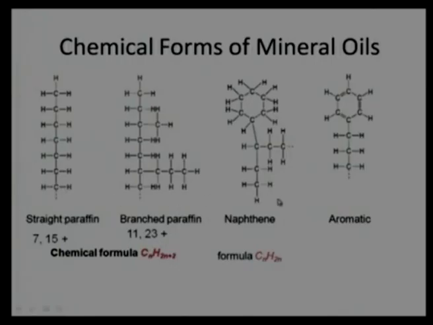Coming to the naphthenic structure, we are able to see there is some complexity coming in this, and because of this structure, their pour temperature reduces, their solidification temperature is slightly higher. They will solidify comparatively at some temperature which is higher than paraffinic.